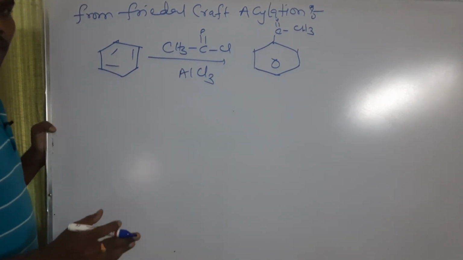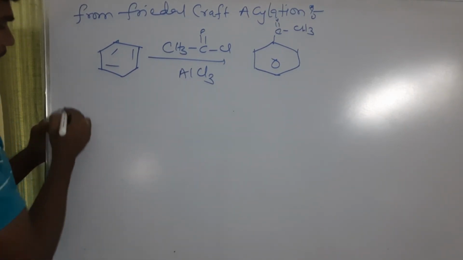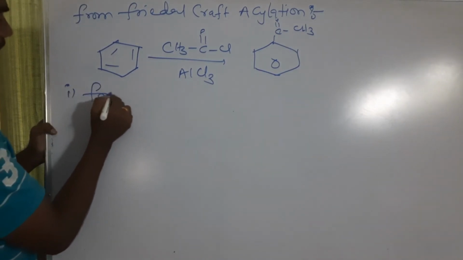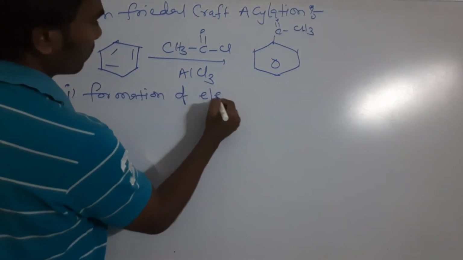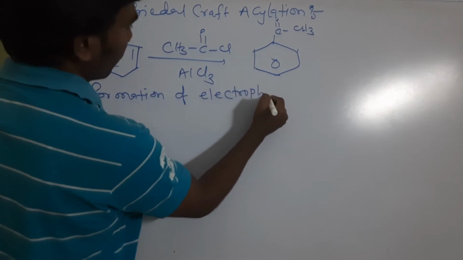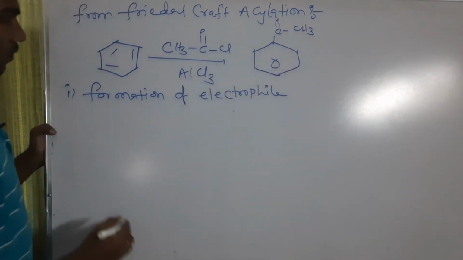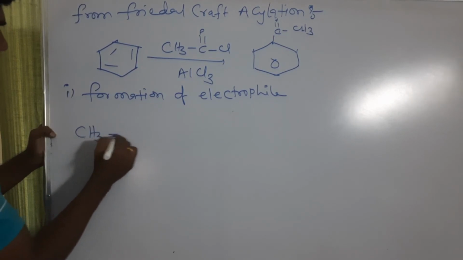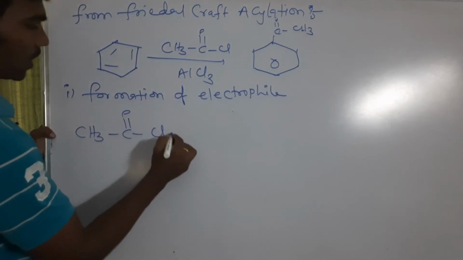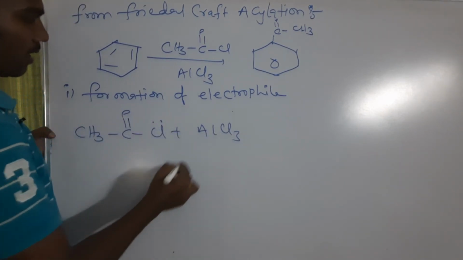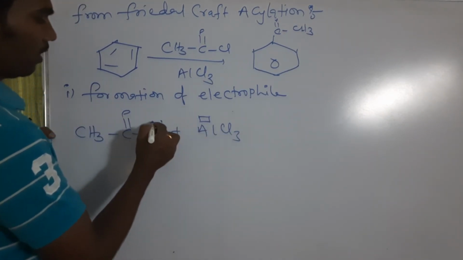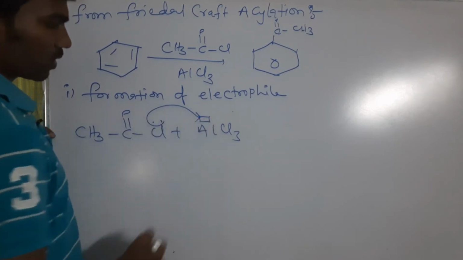Electrophilic substitution reaction will have 3 steps. In that, the first step is formation of electrophile. So this electrophile will form like this: CH3 C double bond OCl and AlCl3. Here chlorine is having lone pair of electrons, aluminium is having vacant orbital. So this chlorine will donate electrons to this aluminium.